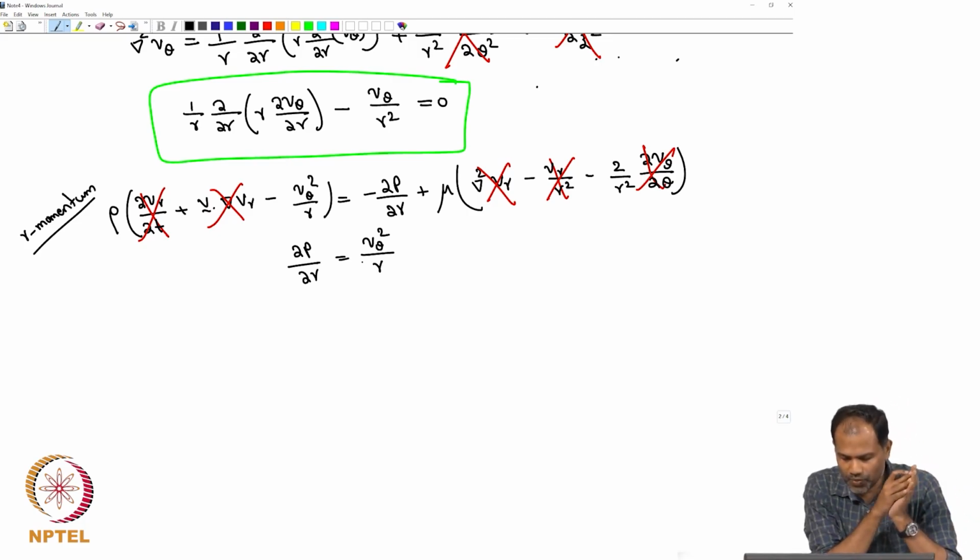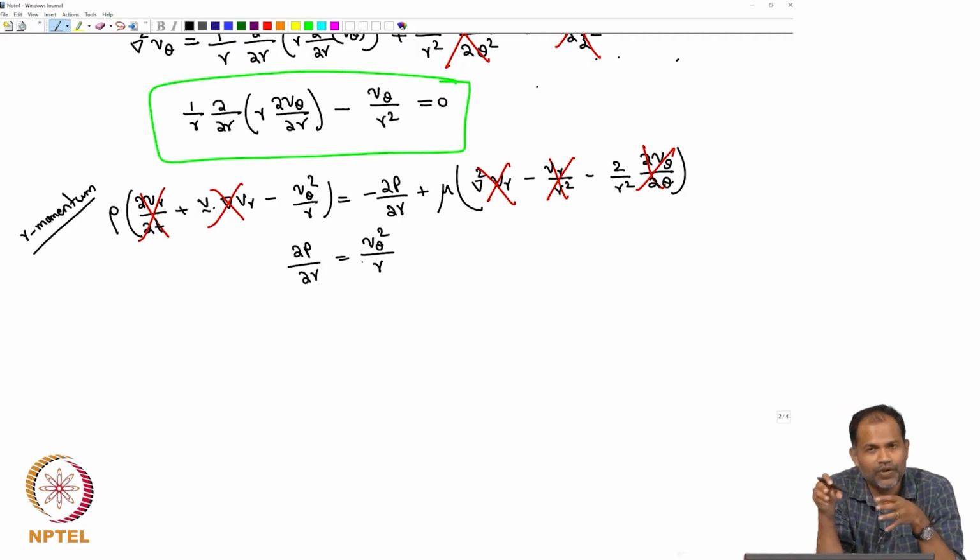Now, if you look at this equation carefully, the right hand side is v square by r. That is the centrifugal force density, the centrifugal force acting per unit mass, and it is equal to the pressure gradient. In other words, whenever fluid elements are rotating, they experience a centrifugal force, and that force is balanced by a pressure gradient in the r direction.